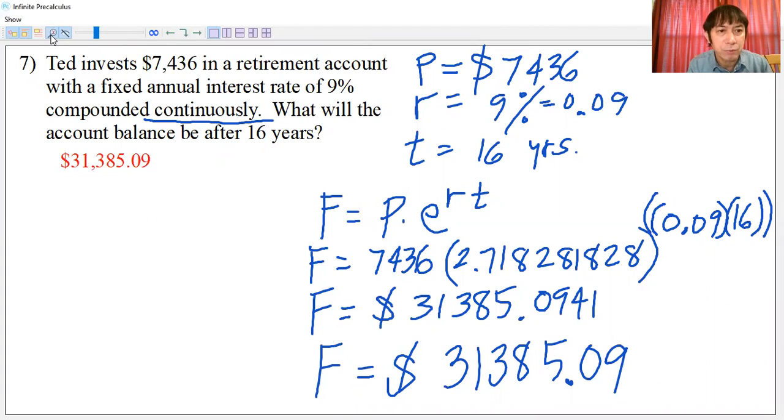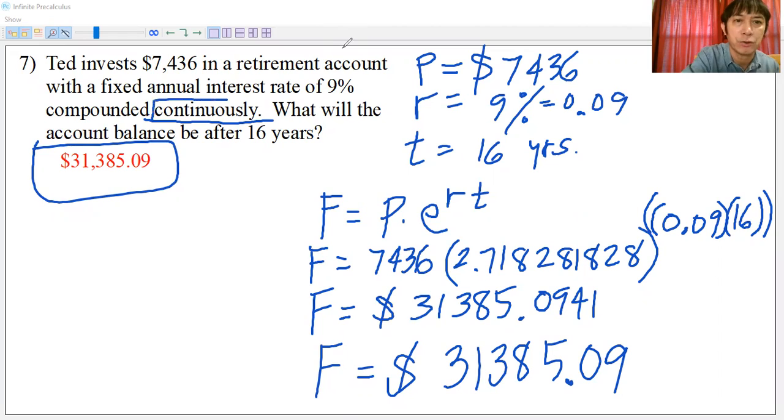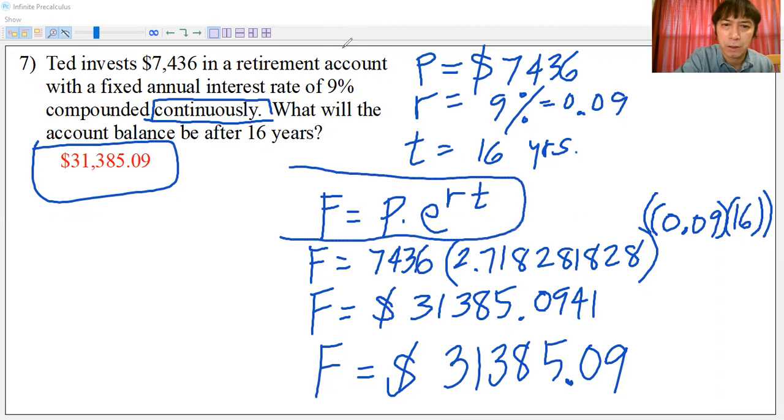That's $31,385.09. All right, so that's it. You can see the red numbers here that show our answer. Just remember, when you see the word continuously in a problem, compounded continuously, you are going to use this formula. All right, next, let's have number 8.